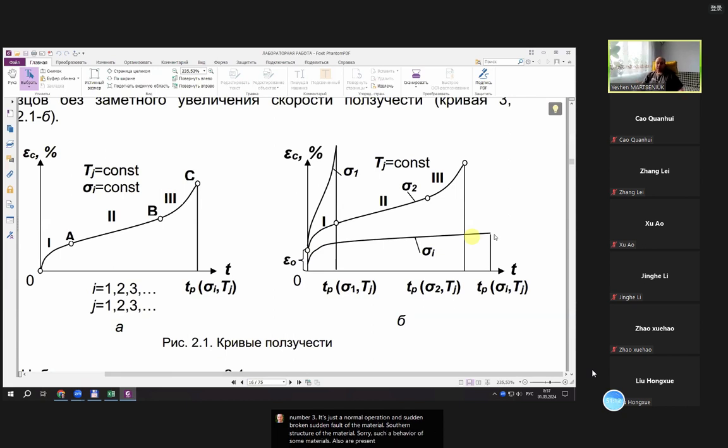But the more common state is the intermediate curve here that represents all 3 stages, presence of all 3 stages. The first one, decreasing in the creep velocity. The second one, normal operation with constant creep velocity.